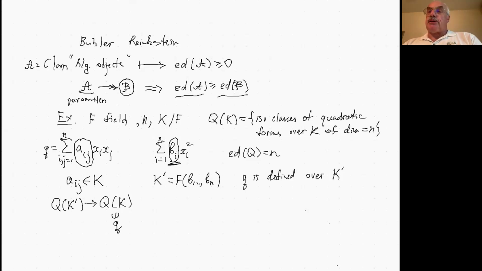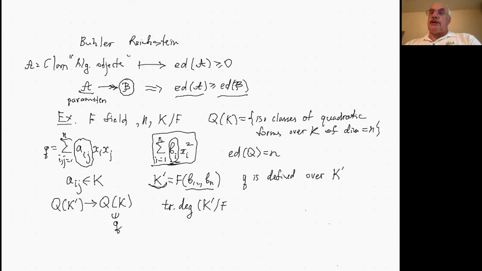K prime is generated by n parameters, elements of the field K, and those parameters could be algebraically dependent or independent. But in any case, the transcendence degree, the largest number of algebraically independent generators of K prime over F, is at most n.